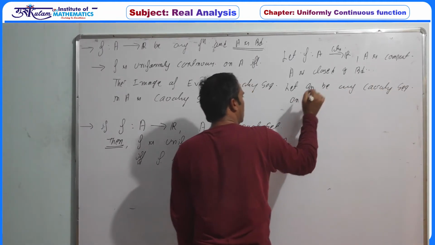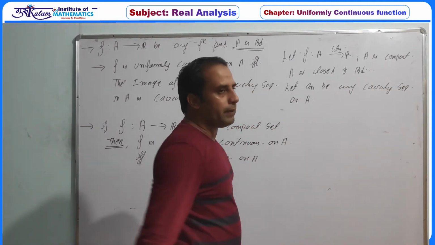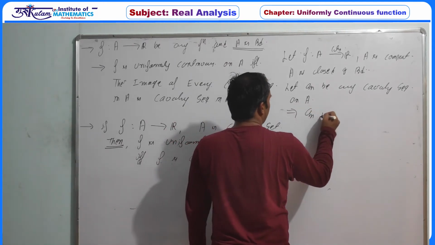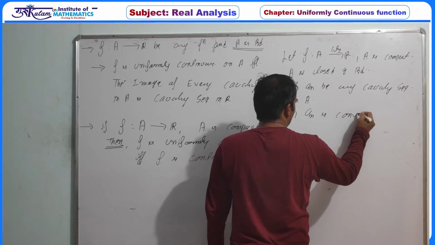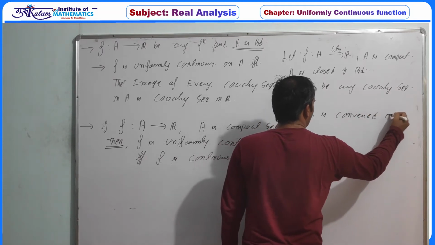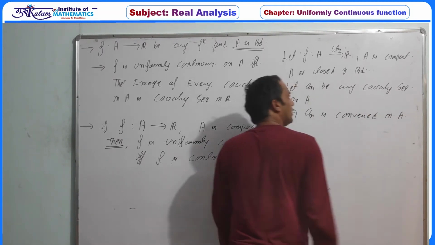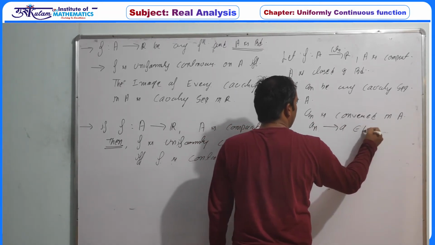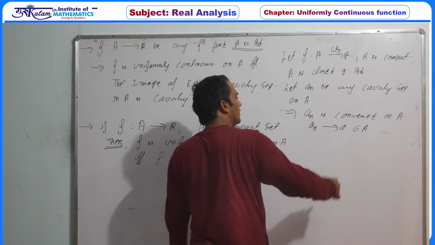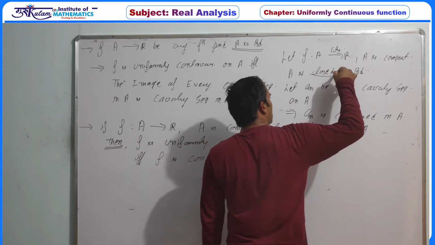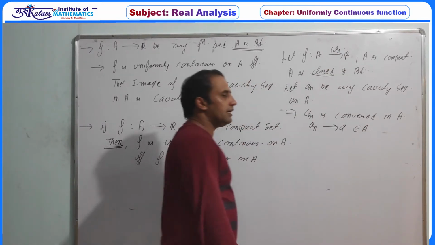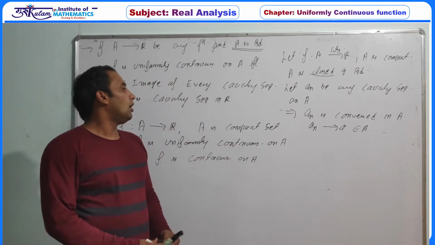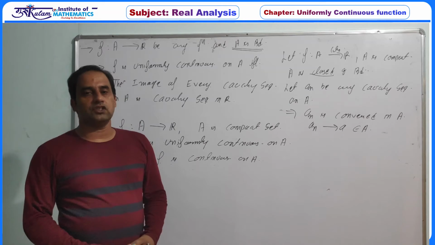on A. Now since A is compact, definitely a_n is convergent in A. That is, a_n converges to some a and a must belong to A. Since the set is closed, every limit point of the set is contained in it. So this is just the definition of a convergent sequence or of a compact set.